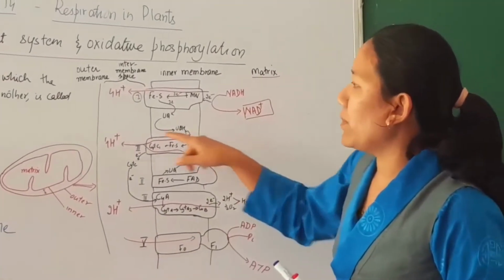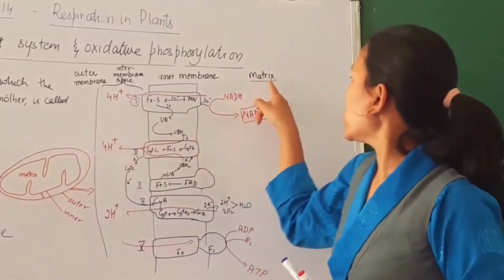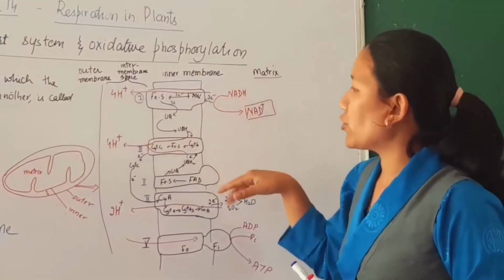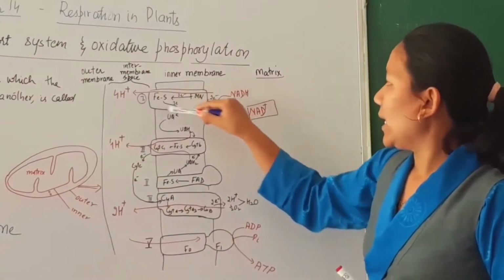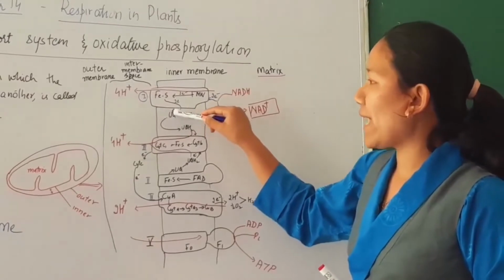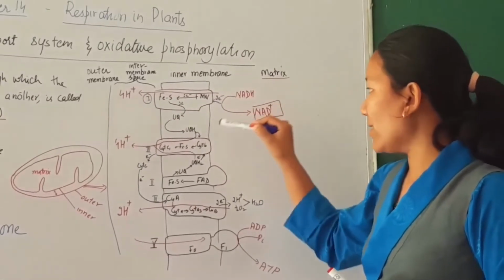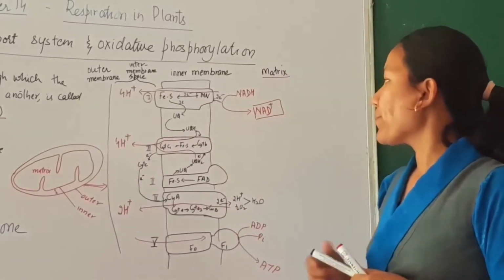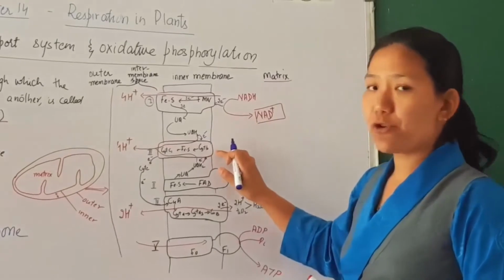through complex number 3. Complex 2 has no role in the oxidation of NADH and the electron transfer. So the first complex transfers the electron to the electron carrier, ubiquinone. Ubiquinone gets reduced, and then this reduced form of ubiquinone transfers the electron to complex number 3.